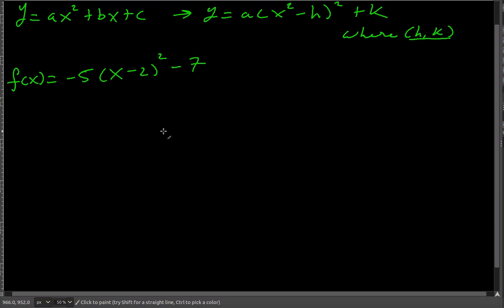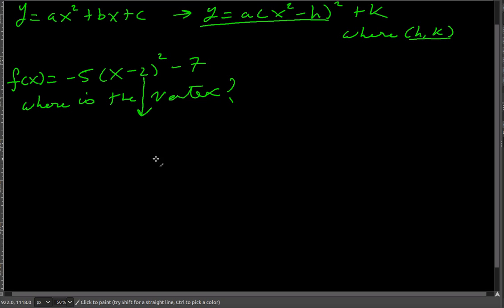Now, if I asked you where the vertex is, if you understand this formula, it's very easy to see, but we just have to be careful. This right here tells me what h is. So h equals 2.